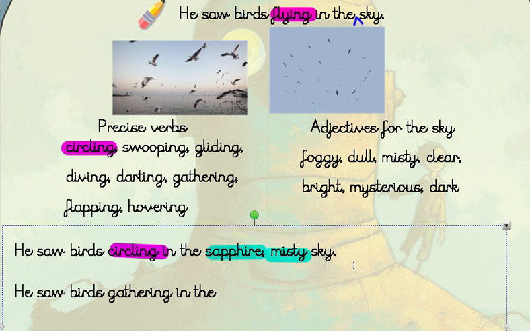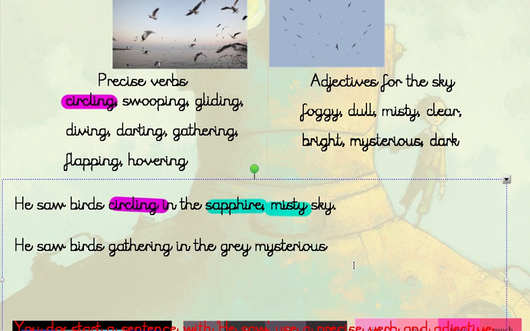What about mysterious? Or can we think of a colour? The grey, mysterious sky. Or I'm going to improve that even more. I'm going to write stone grey, mysterious sky. So again, we've really improved that sentence.